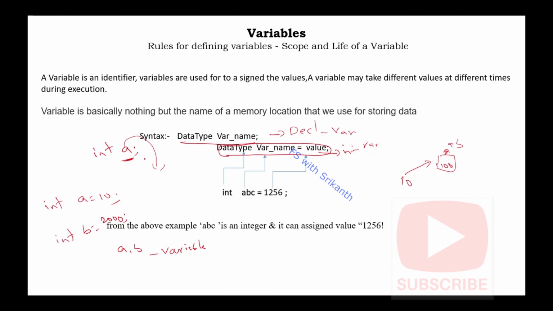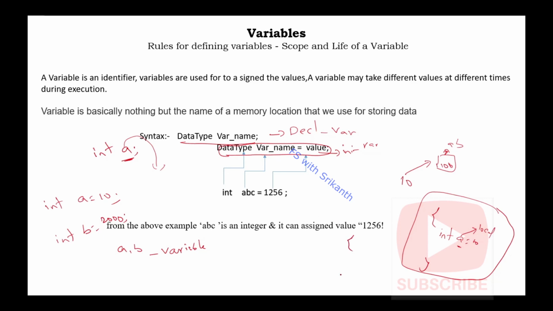Now, variables have 2 scopes, local scope and global scope. Local scope means the variable is available only in a particular area. Suppose there is a block, and you want your variable available only within this block, then you declare your variable inside this block. Then this a has local scope; it is a local variable.